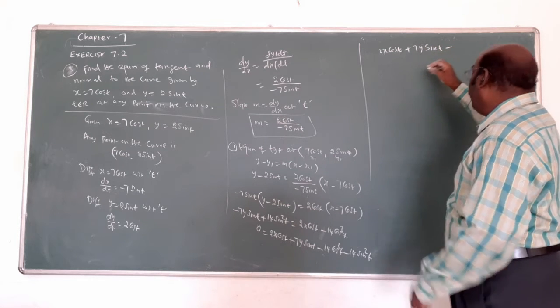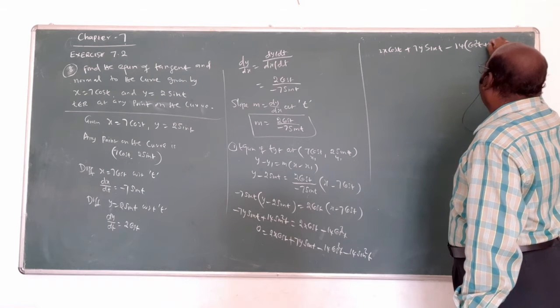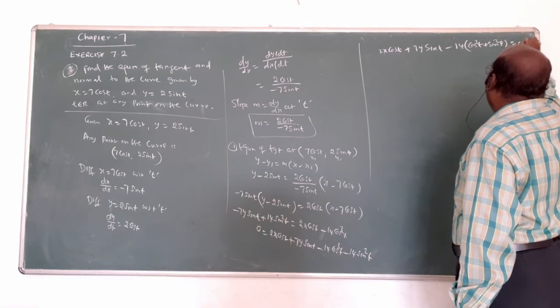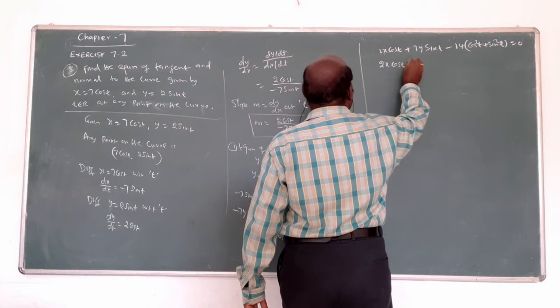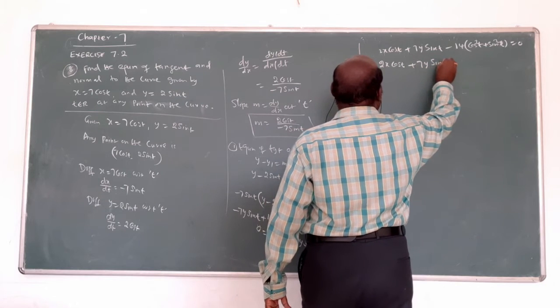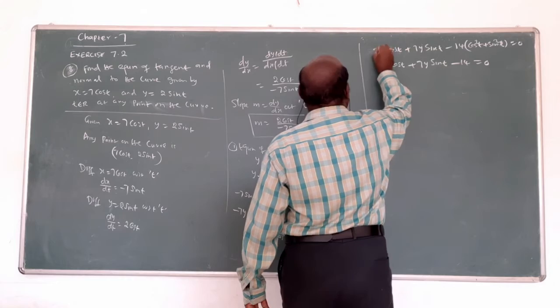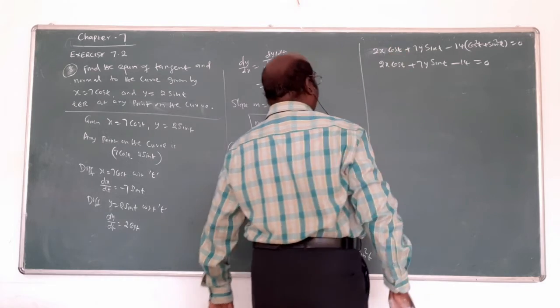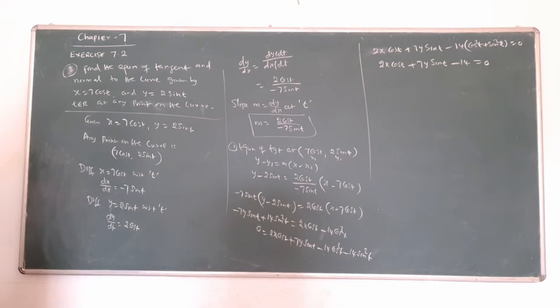Out of these two terms, minus 14 is common: cos square t plus sin square t, that is 1. Am I right? So 2x cos t plus 7y sin t minus 14 only. This is the tangent equation. The answer: 2x cos t plus 7y sin t minus 14 equal to 0.